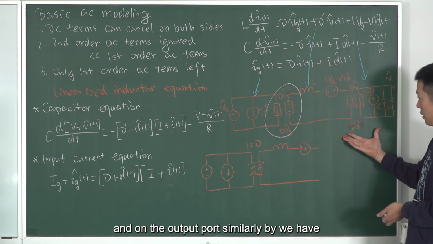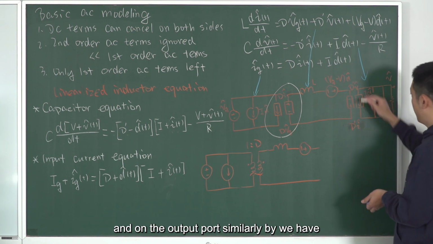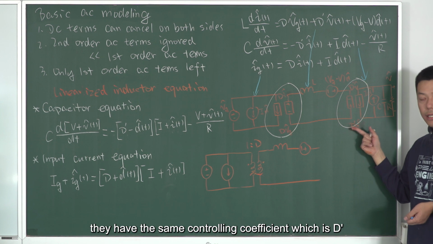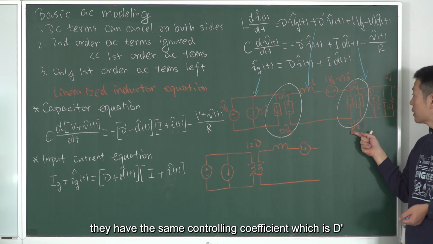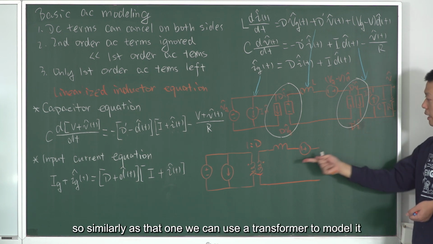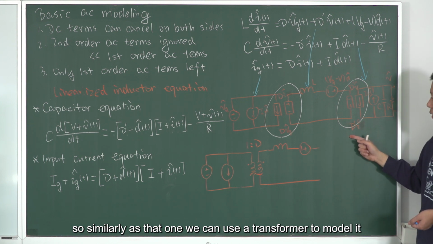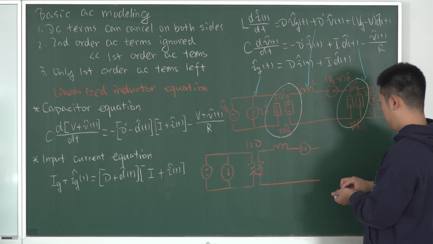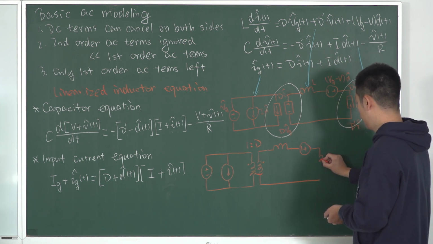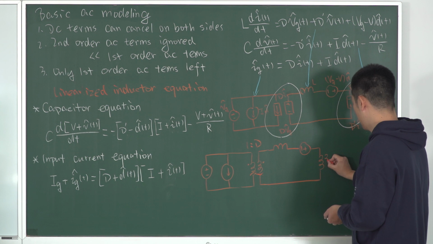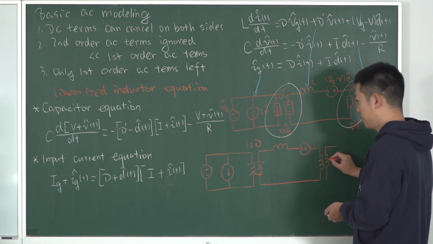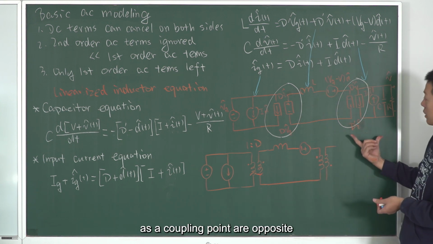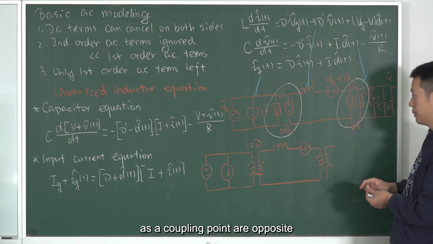And on the output port, similarly, we have a pair of control sources. They have the same controlling coefficient, which is D prime. So similarly, we can use a transformer to model it. But the coupling points are opposite, right? Opposite.